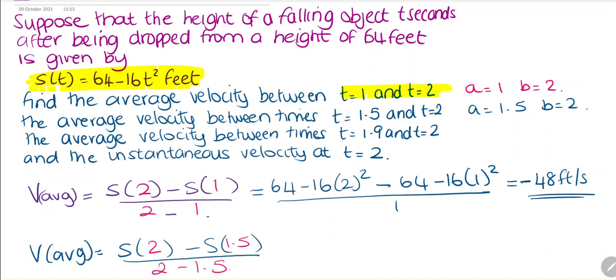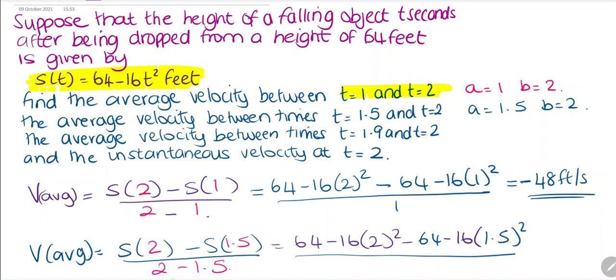And if we write this in, we'll have 64 minus 16 times 2 squared, minus 64 minus 16 times 1.5 squared, divided by 2 minus 1.5, which is 0.5. If you put this into the calculator, we will have minus 56, and this is feet per second. And remember, this is because we have t in seconds and we have feet.